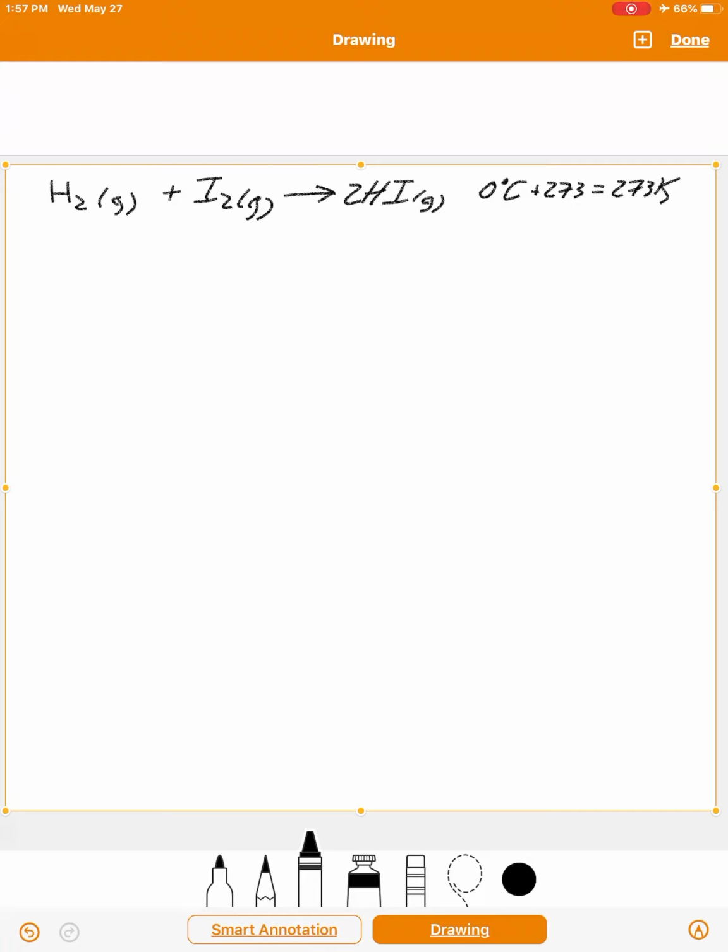So we have to look these values up. I'm going to look up the standard entropy values, and then the delta H values for each of these. For the first one, the standard entropy value at 298 Kelvin, although we're going to use these values even though the temperature is not 298, is 131.0.